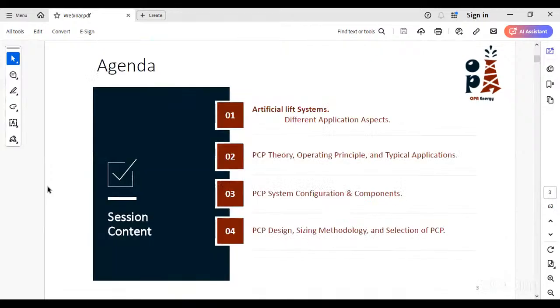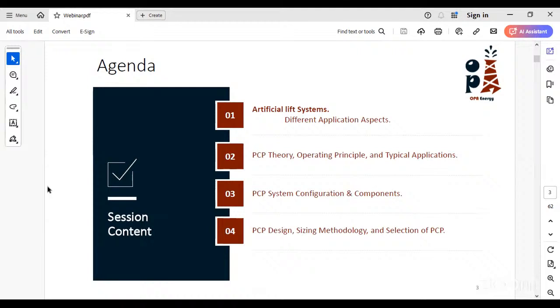In this webinar, we will talk firstly about the different artificial lift systems and the different application aspects that we can choose for each one. Then we can move to the PCP theory and the operating principle.